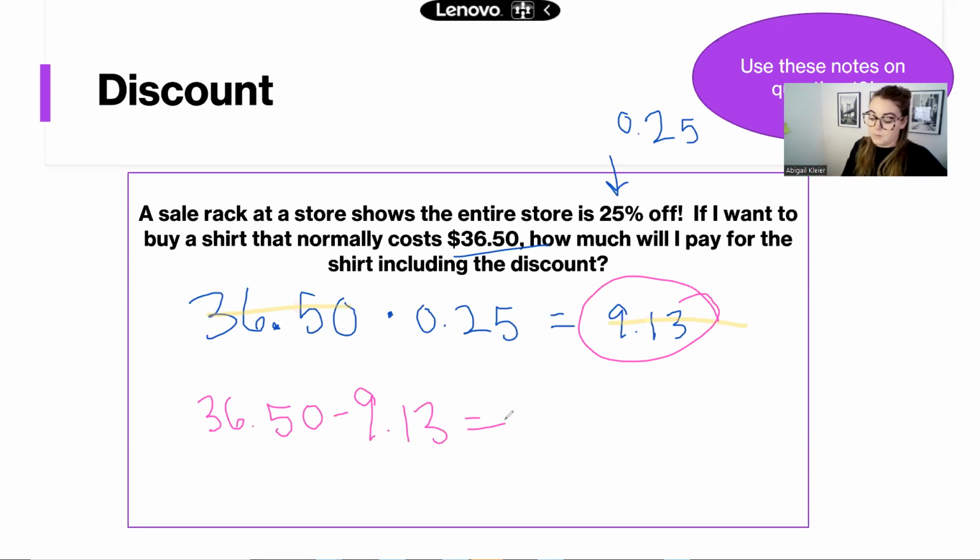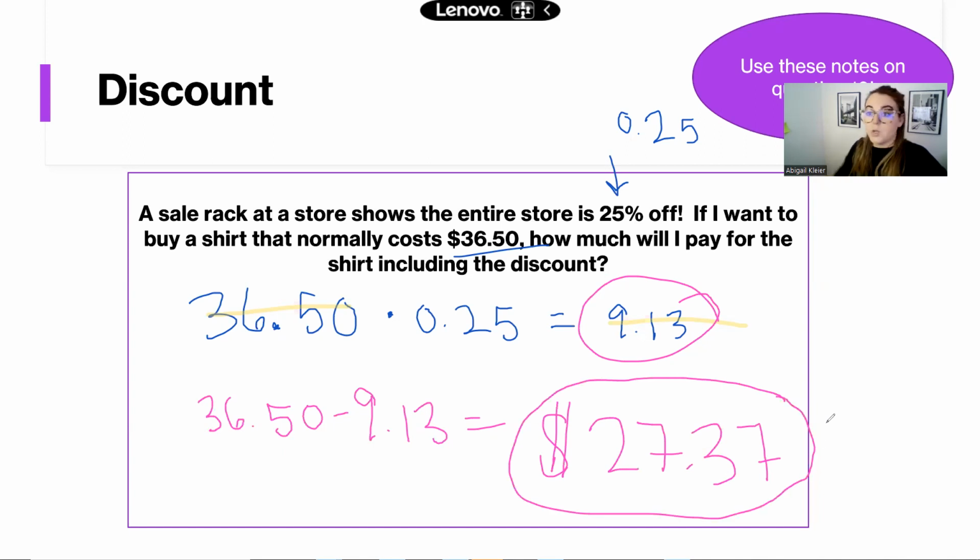And we can use our calculator to solve. 36.50 minus 9.13. And that gives us a total of $27.37. So again, when you're calculating for discount, as always, calculate the amount by multiplying by the rate. But in order to find the amount that you would pay, you would need to subtract those values to figure out the amount that the discount actually provided to you.